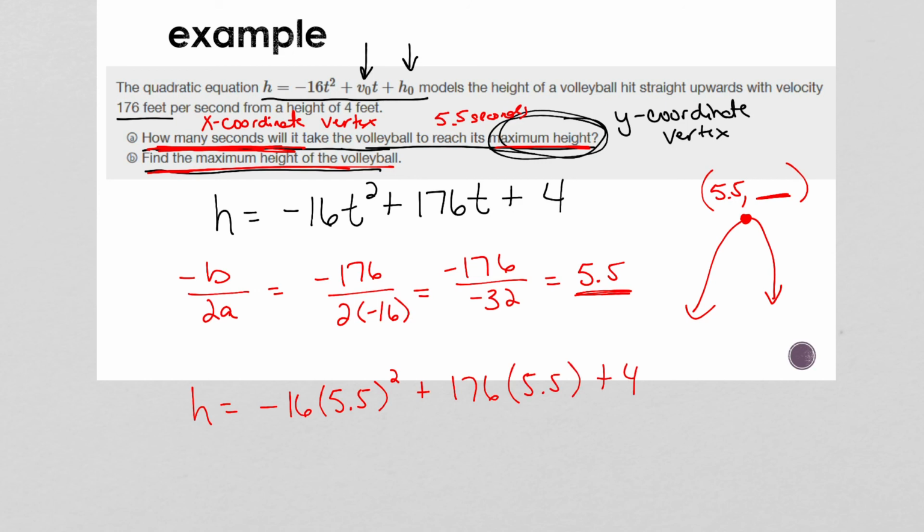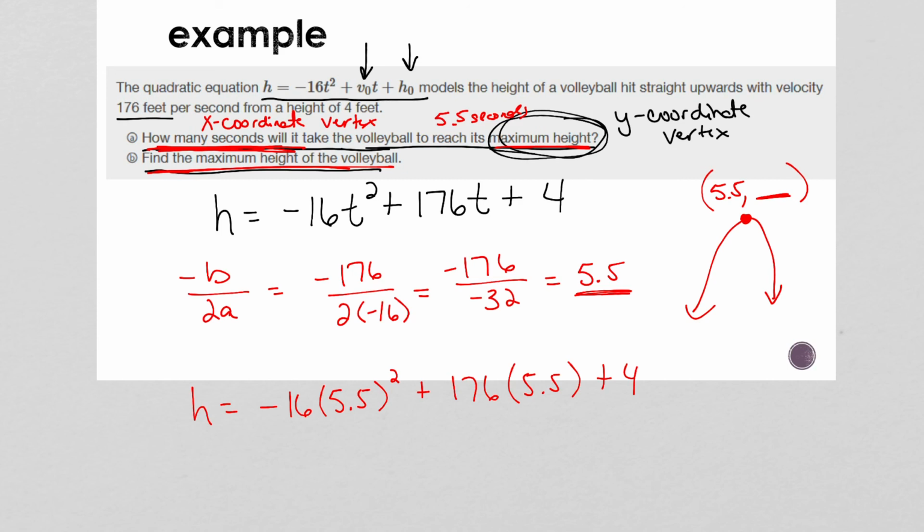And I'm just going to type this whole thing into my calculator. So -16, open parenthesis, 5.5, close the parenthesis, hit the square button, plus 176, open parenthesis, 5.5, close parenthesis, and then plus 4. Hit enter.